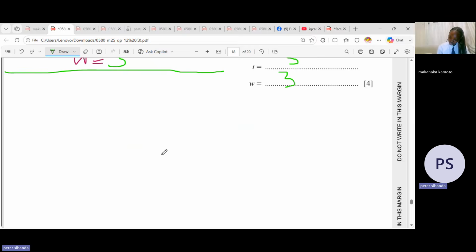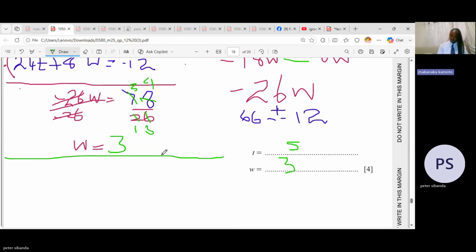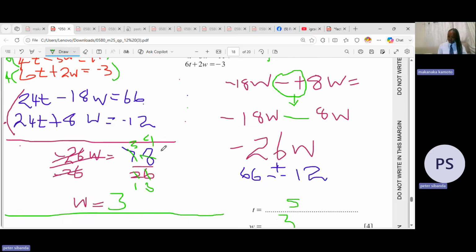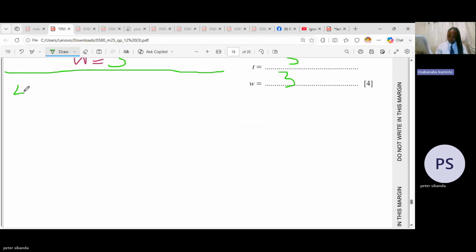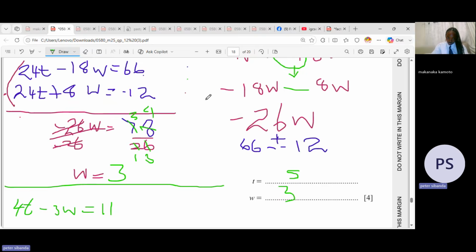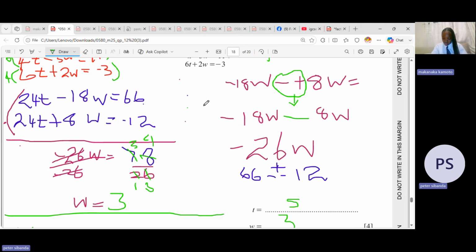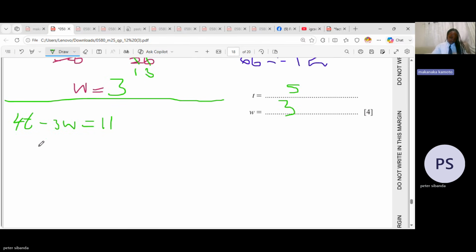If I'm to redo this equation: 4T minus 3W equals 11. The other equation is what? 6T plus 2W equals negative 3.